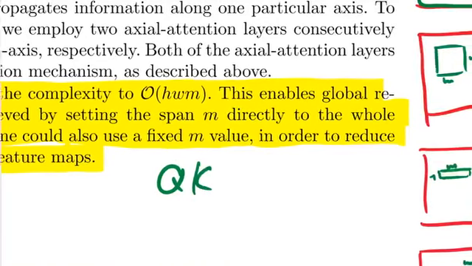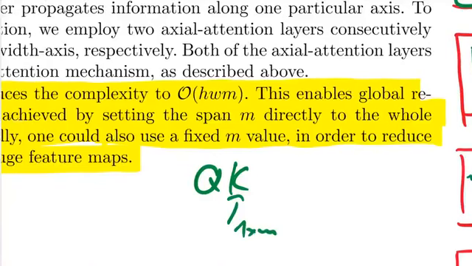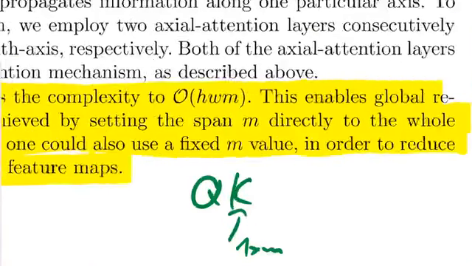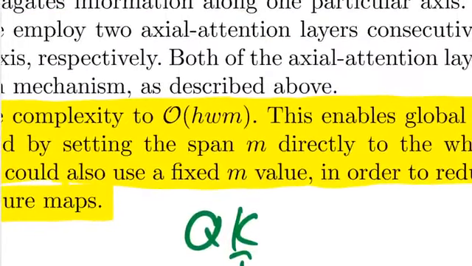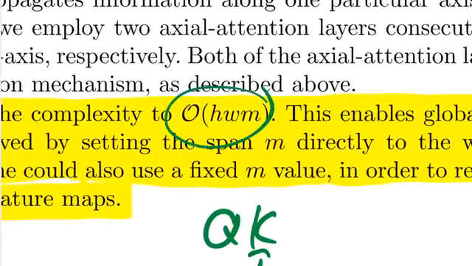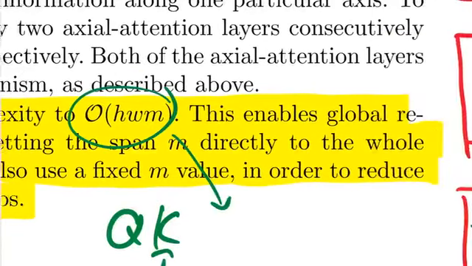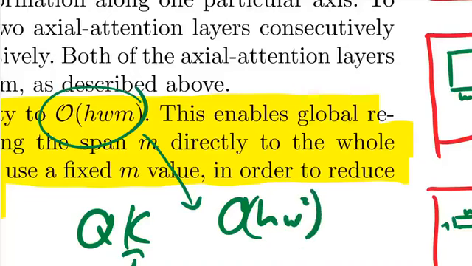Now, even if you make the keys 1 by m, yes, you reduce this from height times width times height times width to this. But then you can see on this thing right here, if we have this kind of row pattern and we replace m by the width, then we have width squared. So again, the square appears.